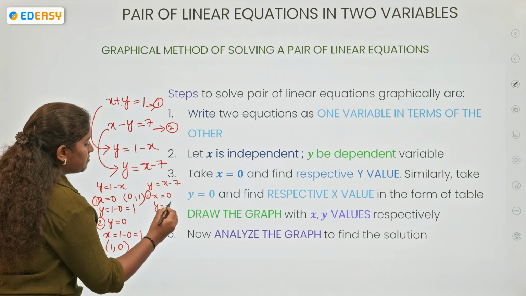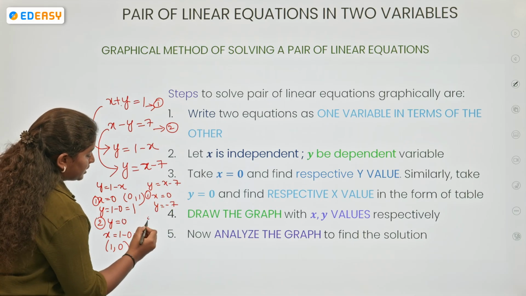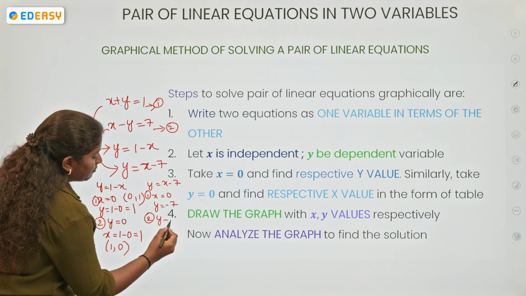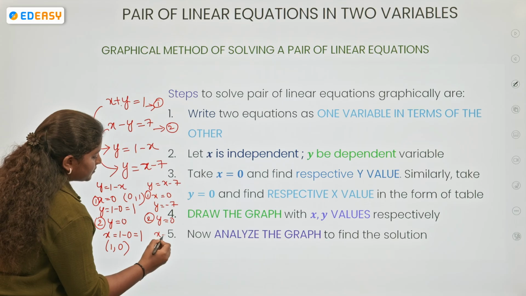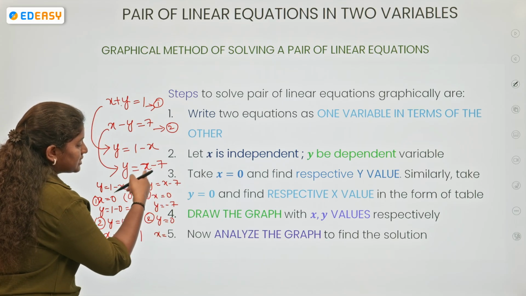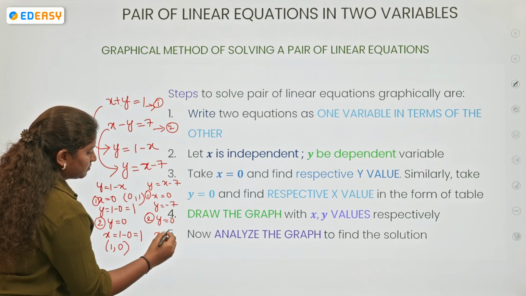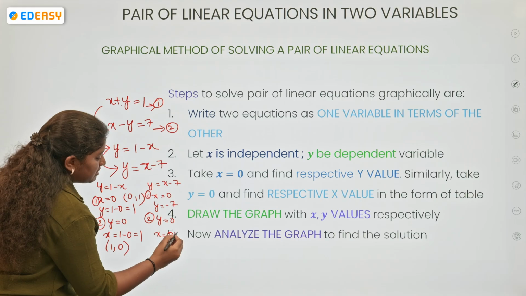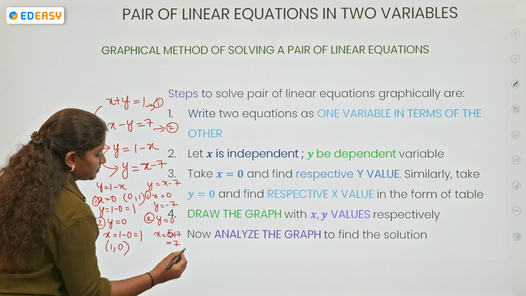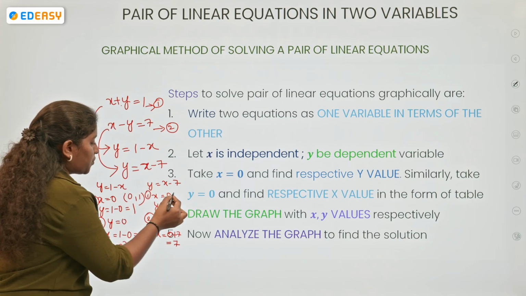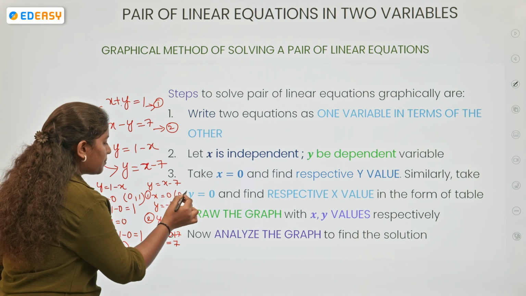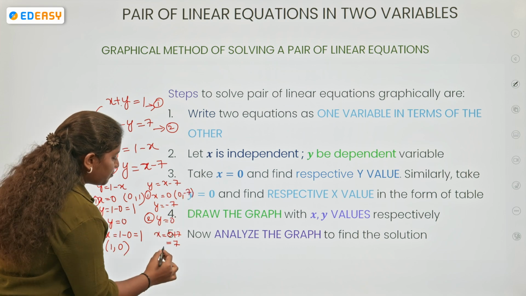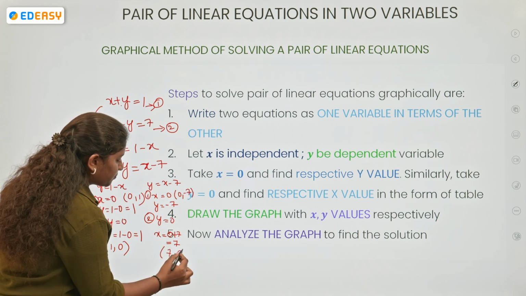Now y will become minus 7. And second condition, take y equals 0. x will become 0 plus 7, which is nothing but 7. Clear, everyone? Now the first point is 0 comma minus 7 and the second point will become 7 comma 0.